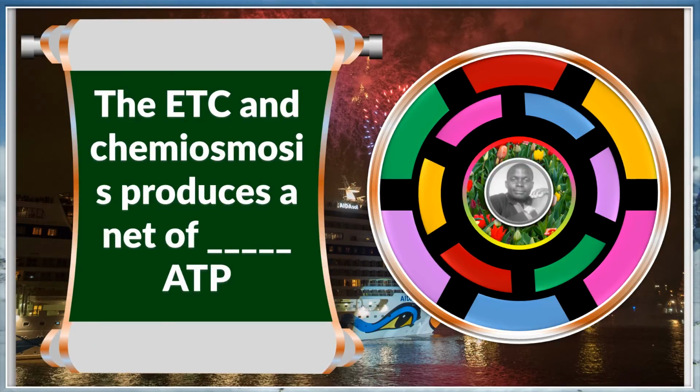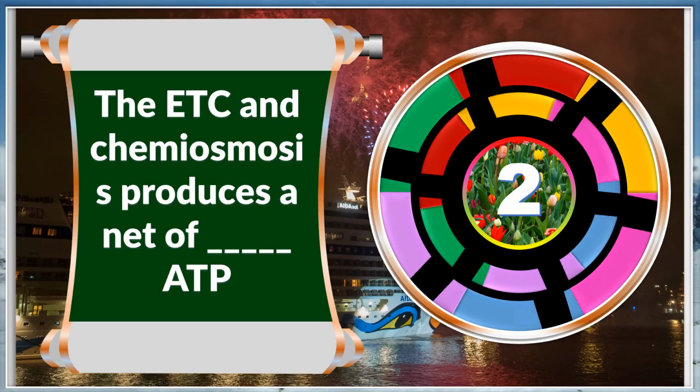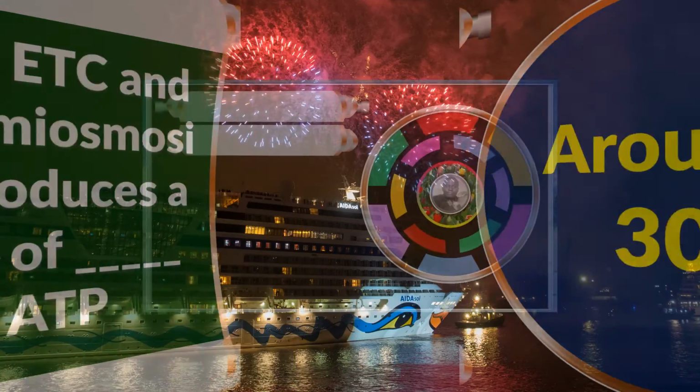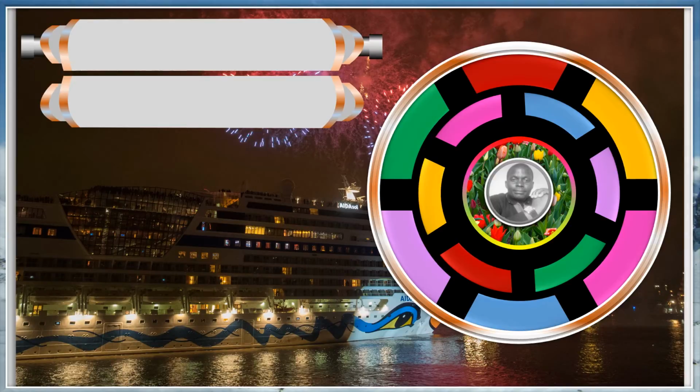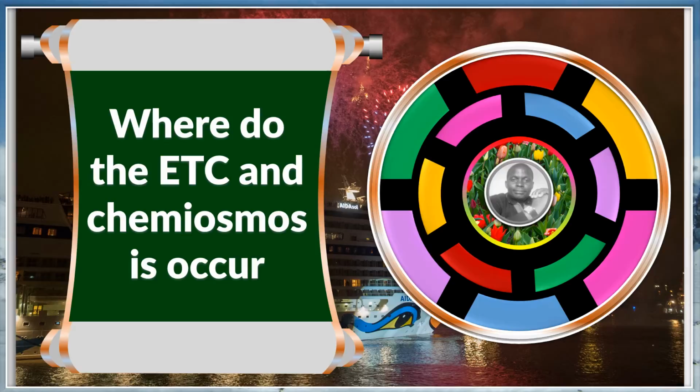The ETC and chemiosmosis produces a net of dash ATP. Around 30. Where do the ETC and chemiosmosis occur?